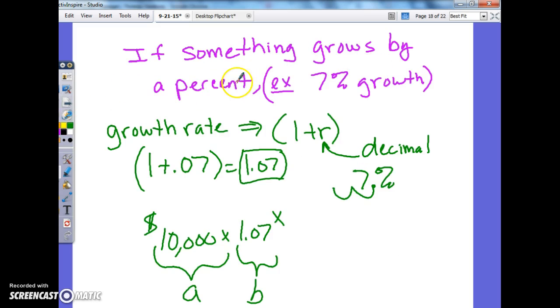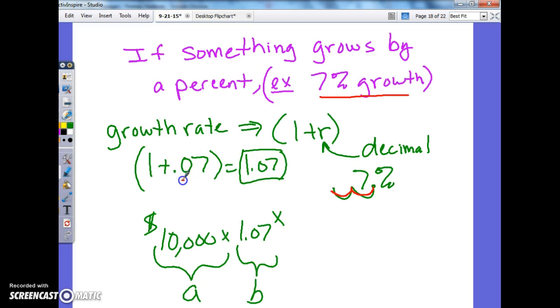If something grows by a percent, for example, I've got 7% growth on my money every year, I need a growth rate. So I take this percent, and here's how I get a growth rate: 1 plus r. And your rate, you need to convert into decimal form. So remember, 7% is going to be 0.07.